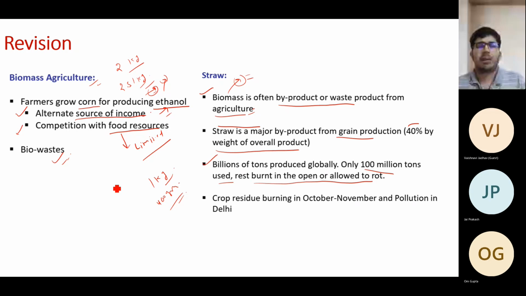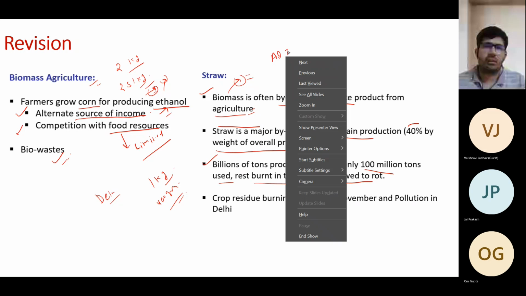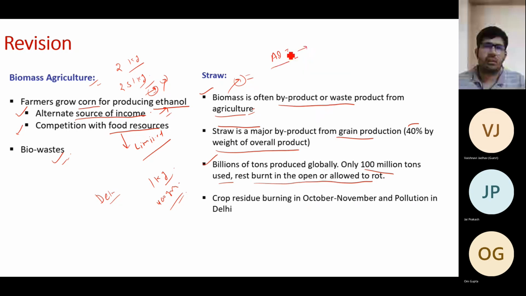And as you are aware, in Delhi, due to the burning of straw from the Haryana and Punjab side, the AQI of Delhi is very severe for particular months. Okay, more than 300 to 500 sometimes.